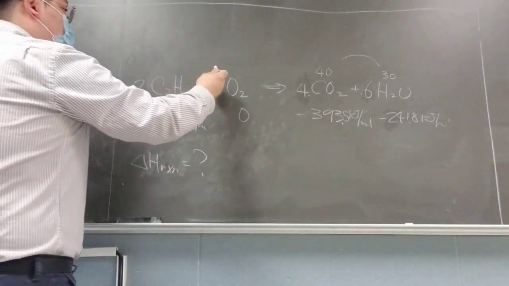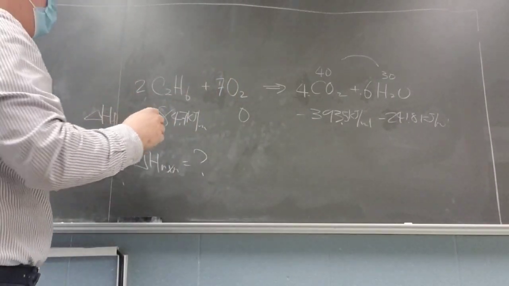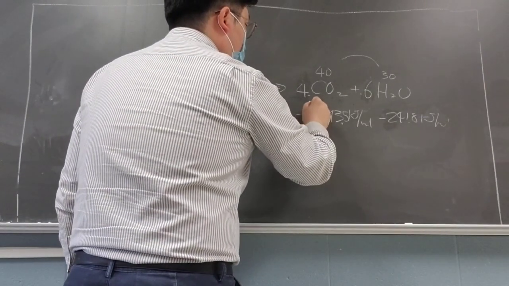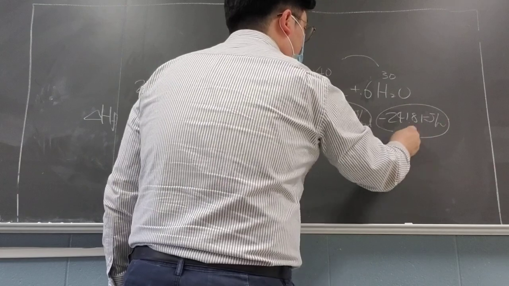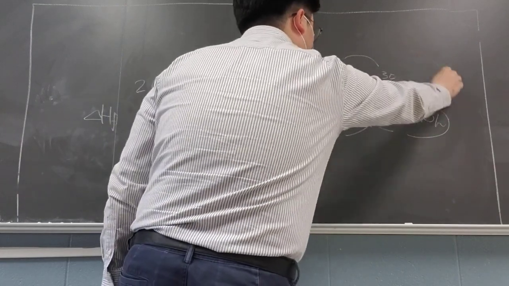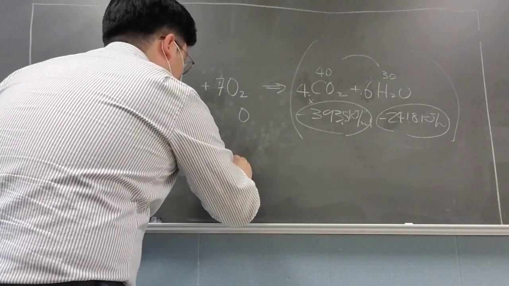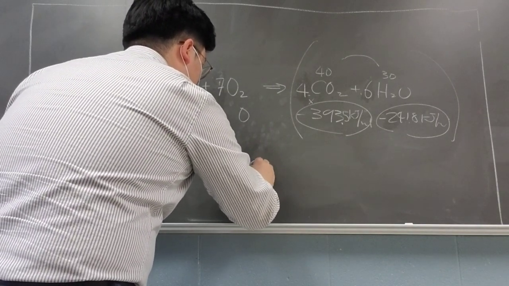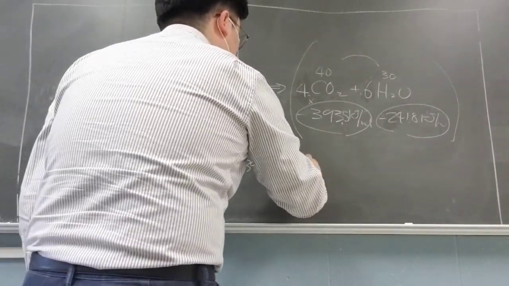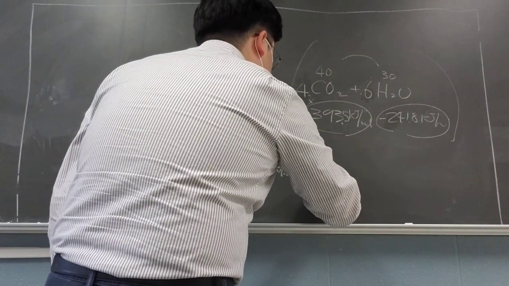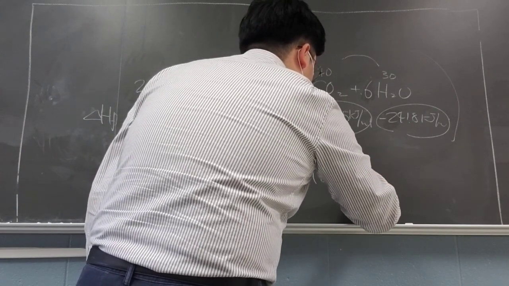Okay, so if you do this one over here, what you can do is this number times 4, this number times 6, all together, minus this one. So what I'm gonna write here is 4 times negative 393.5 kilojoule per mole, plus 6 times negative 241.8 kilojoule per mole.